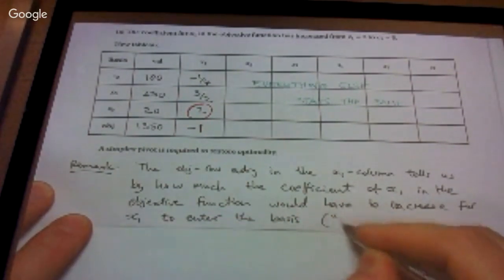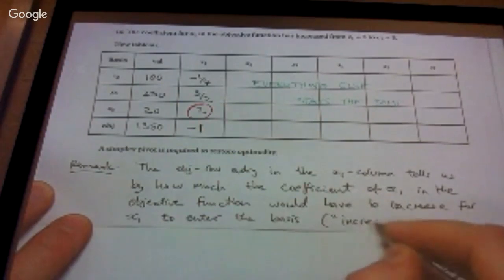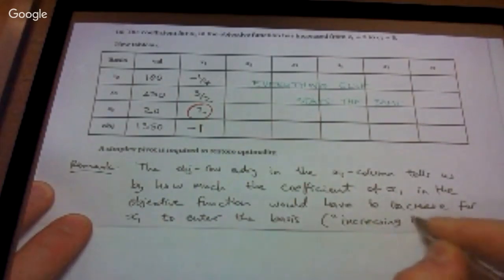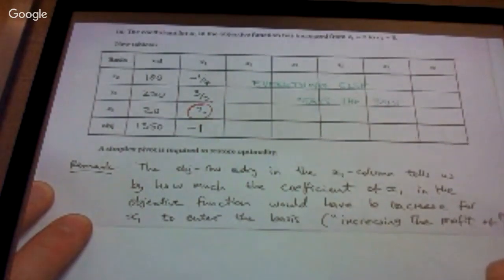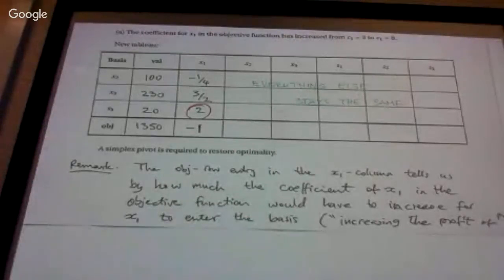Think of increasing the profit of product 1. It's not in the basis, you're not making any of it, because the profit on it is just not large enough. But if you increased it by at least 4 per unit, then it makes sense to start making it.